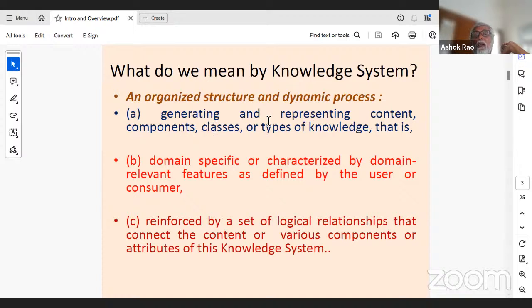It looks at generating and representing content of the system, components of the system, classes of the system, or types of knowledge. That is, knowledge content, knowledge components, knowledge classes, and types of knowledge, which is domain specific or characterized by domain relevant features as defined by the user or consumer.